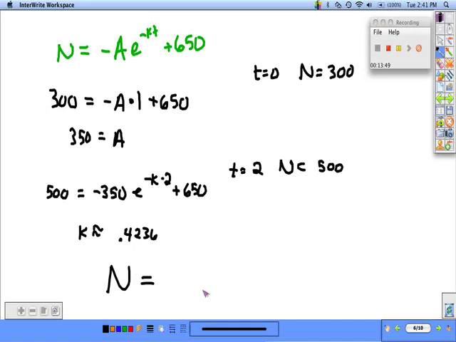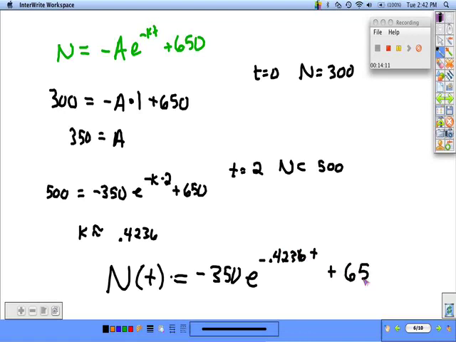So our population growth equation is N of t equals negative 350 e to the negative 0.4236 t plus 650. And this model is modeling the population of these coyotes, and we could find any population for any given t value at this point.